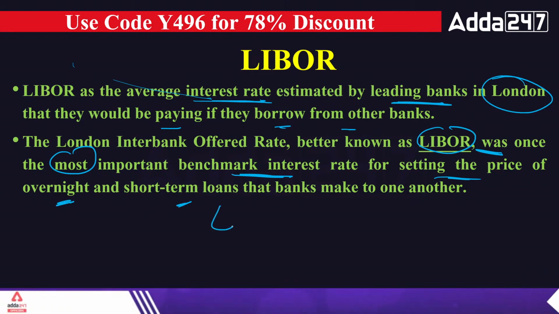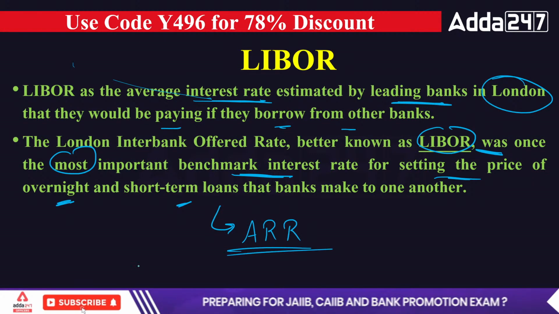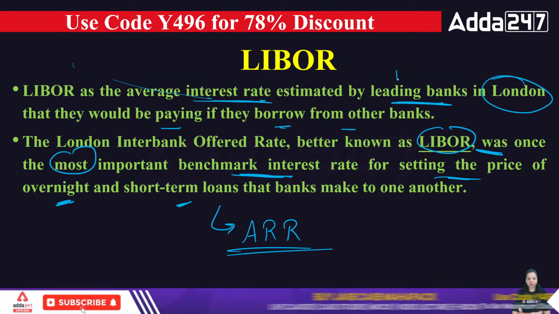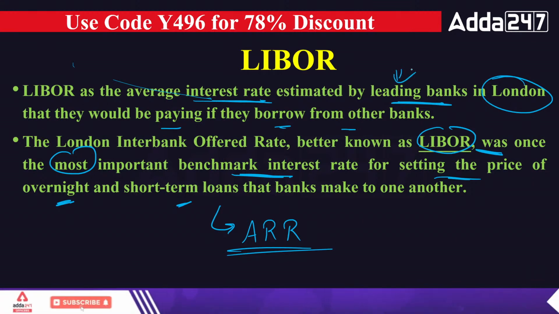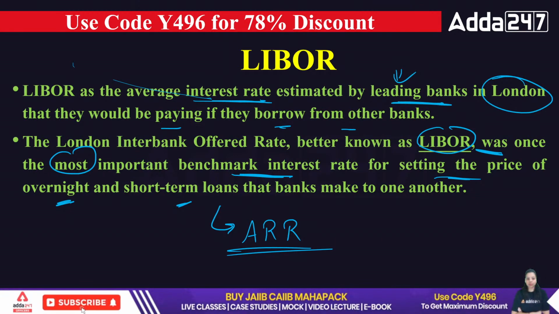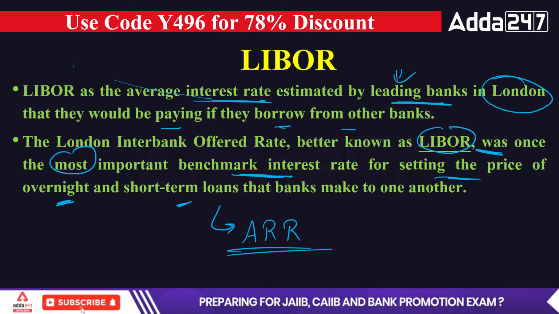Now, this London Interbank Offer Rate has been replaced with the alternate reference rate. The reason behind it is what? The reason was that the leading banks were doing something wrong. They were not following the standard. They were setting the rate of interest as per their benefit. Like whenever they want to take a loan, they reduce the LIBOR rate. When they don't have to take a loan, they increase the rate.